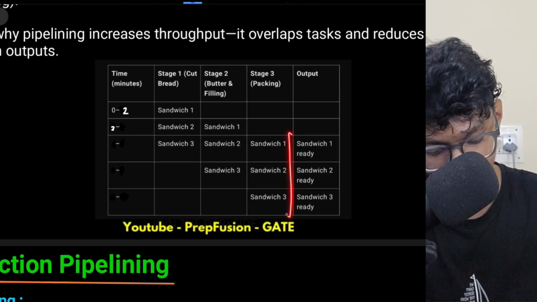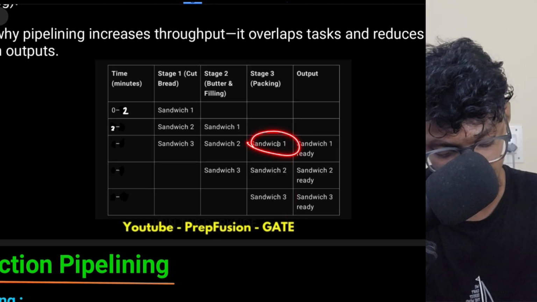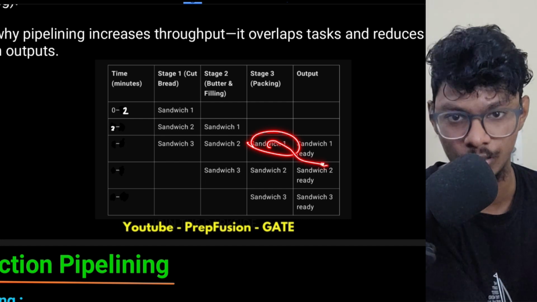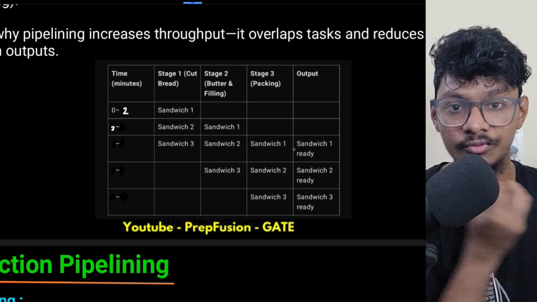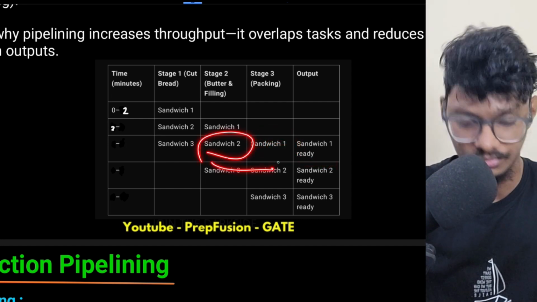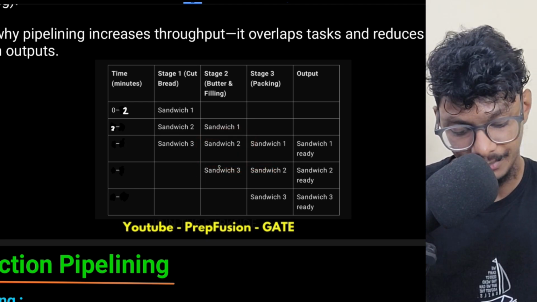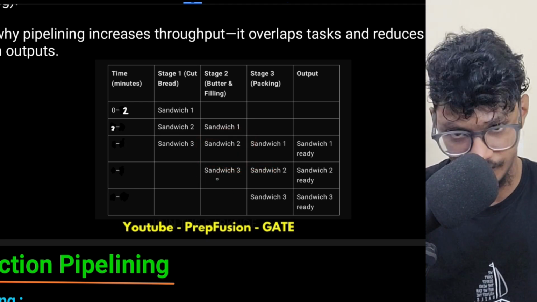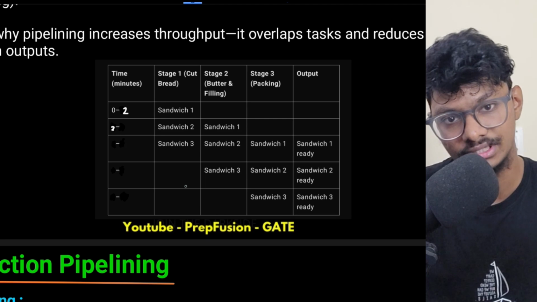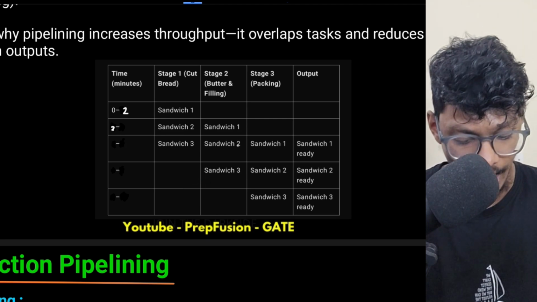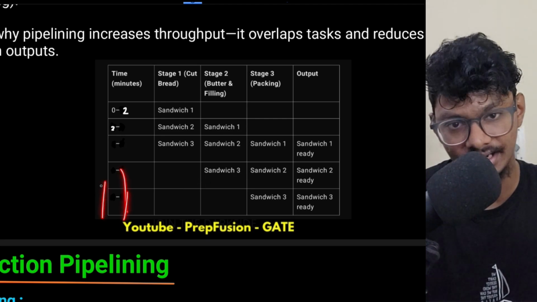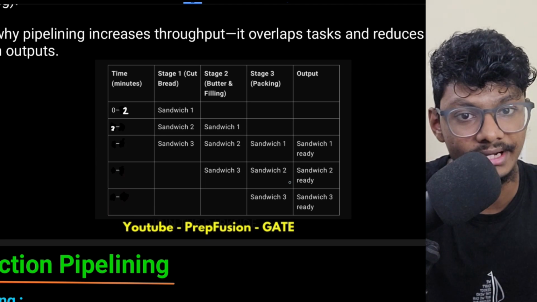As soon as person C sends this sandwich to the output, to the tiffin box, person C will again receive sandwich 2 instantaneously, and person B will receive sandwich 4, and person A will receive sandwich 5, like that. It will go on. After every cycle or every jump, I am getting a sandwich ready.